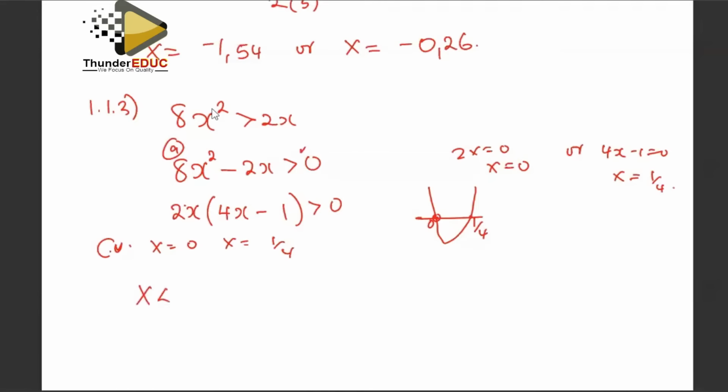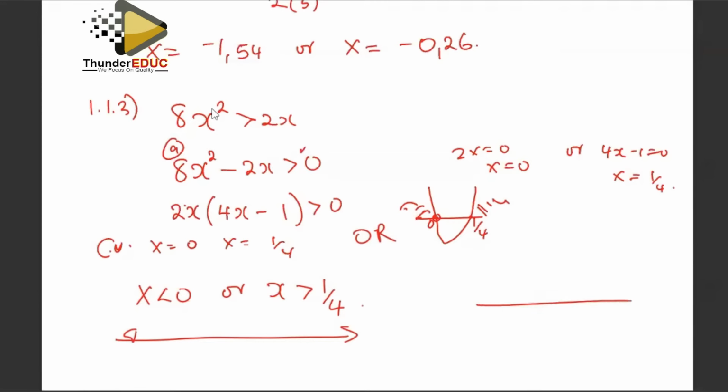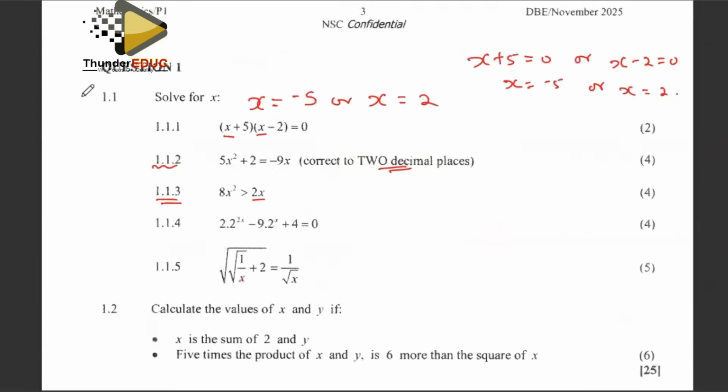So meaning that x needs to be less than 0, or x needs to be greater than 1 over 4. So you can represent it in this format, or you can draw the parabola and then do the shading, or you can use your interval notation. This is 1 over 4, and then we're looking at that side, we're also looking at that side. Okay, so one of the representations would make sense.